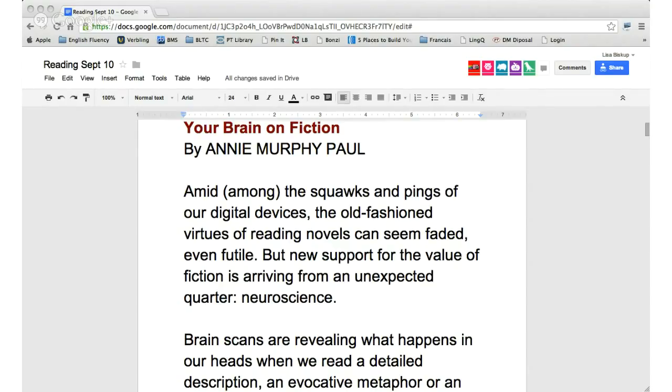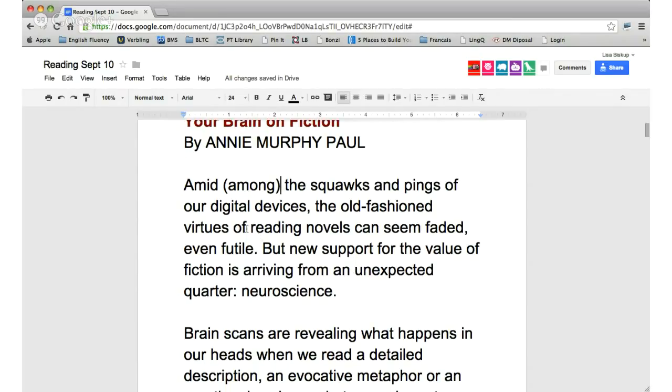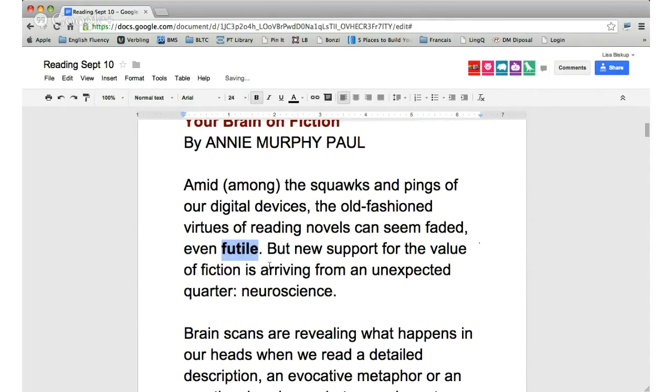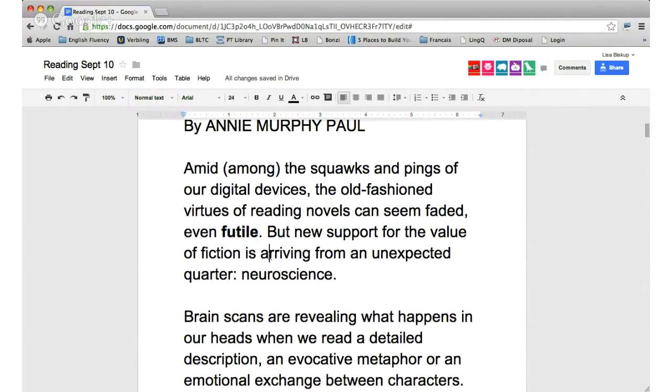So she's just starting off her article here, saying that with all this technology that we have, sitting down and actually reading a book, a novel, paperback or something, seems like something from a long time ago, and it might even be futile. Like, it's not even worth doing anymore. That's what a lot of people are afraid of with all the technology we have, that people won't want to read.